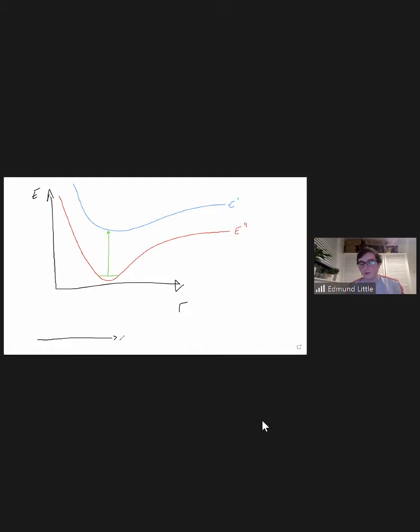So if you've got distance on this axis, then you've got your box. Does anyone remember what the wave function looks like for a particle in a 1D box in the ground state? So the important thing here is that it has no nodes and a single maximum in the middle.